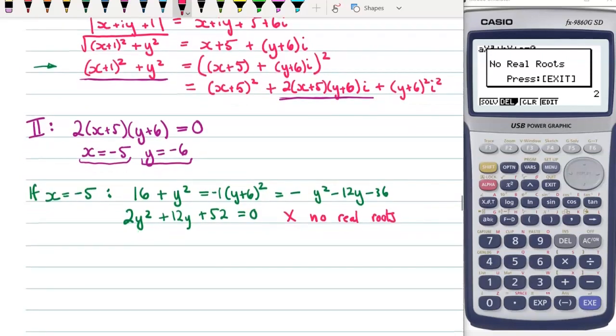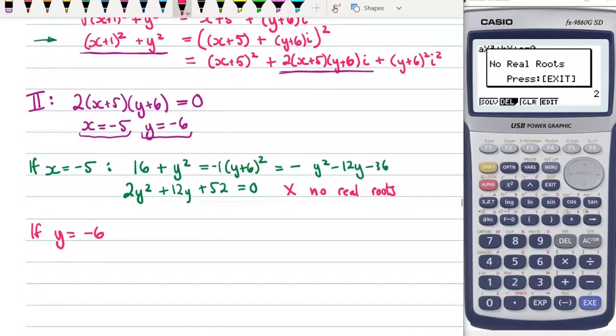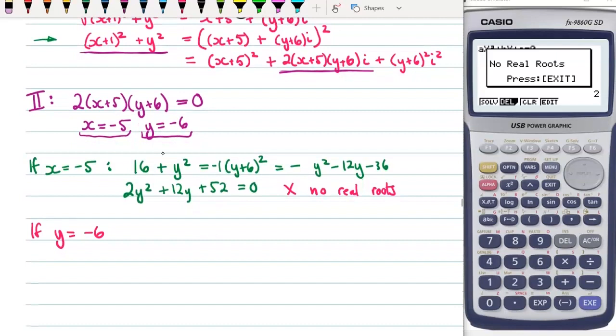Okay, so back to if y is minus 6. From this bit just here. If that were true, and again we go back and we pop it into this line up here, we can work out the corresponding x.